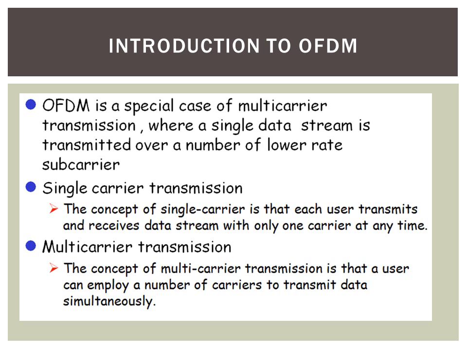But it should be taken care that for each and every signal, the carrier frequency should be different. In OFDM, multi-carrier transmission is normally preferred, where a single data stream is transmitted over a number of lower rate subcarriers.